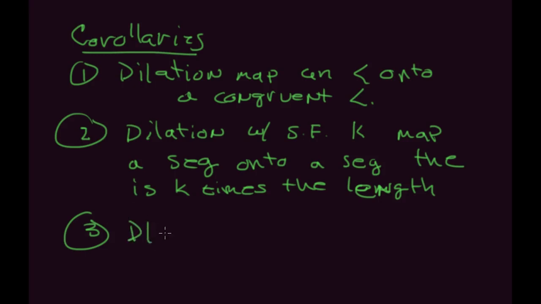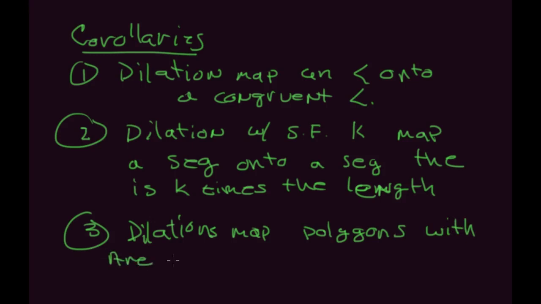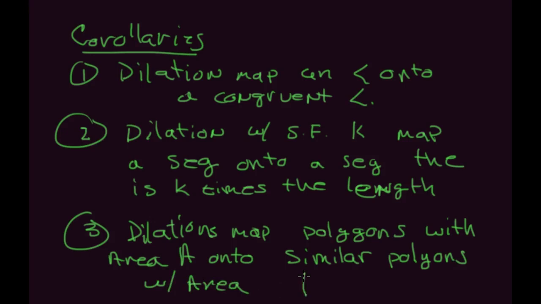And in fact, dilations map polygons with area A onto similar polygons with area k squared times A. And that's a result of what we talked about in the last set of notes, where because I have a scale factor that goes from a to b, then the area ratio has to go from a squared to b squared.